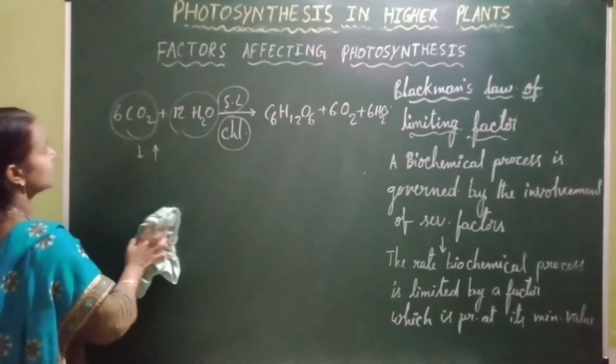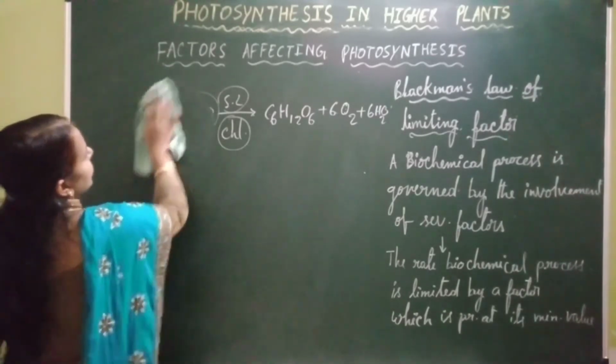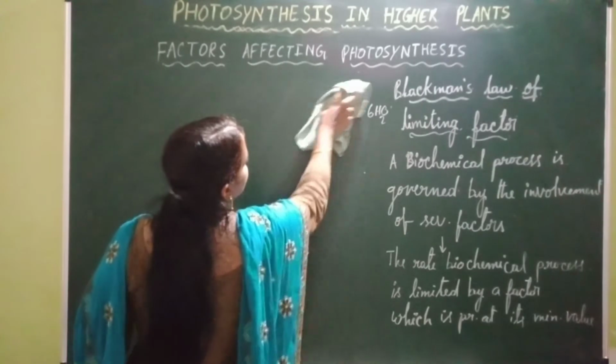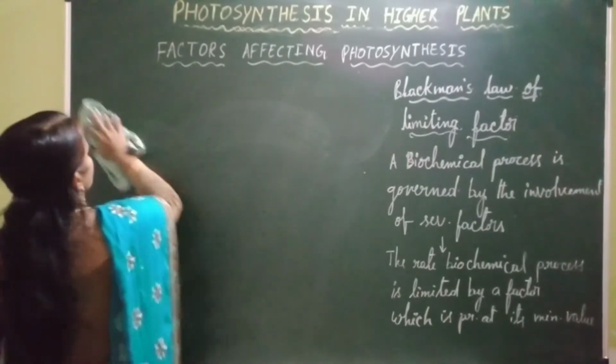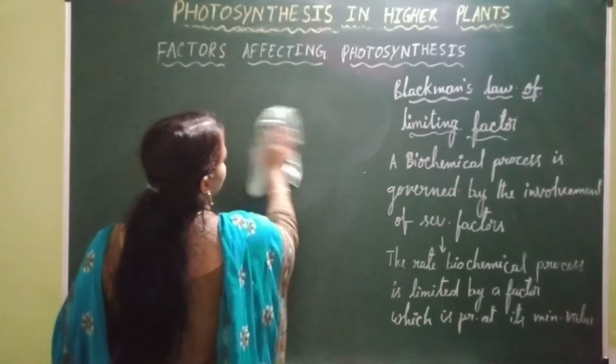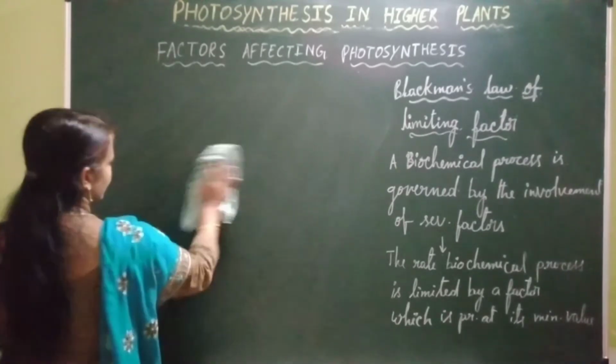Now let's start with the external factors that affect the rate of photosynthesis. First is sunlight.